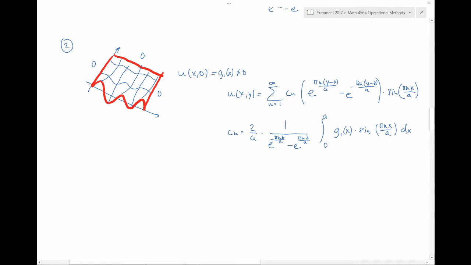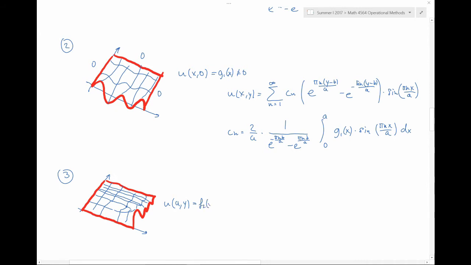The other two cases are obviously talking about boundary conditions when x equals 0 and x equals a non-zero. So case 3. Let's first consider the case when we have a non-zero boundary at x equals a. So this is where u of a y equals f2 of y, and that's a non-zero function.